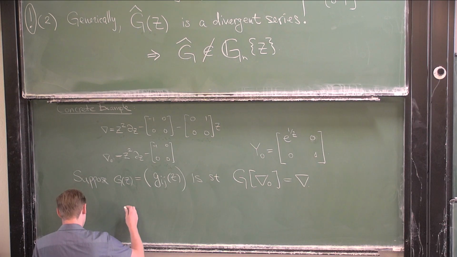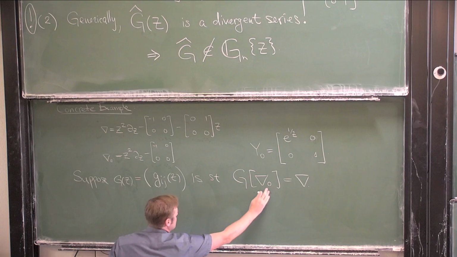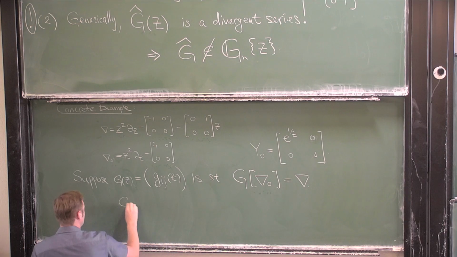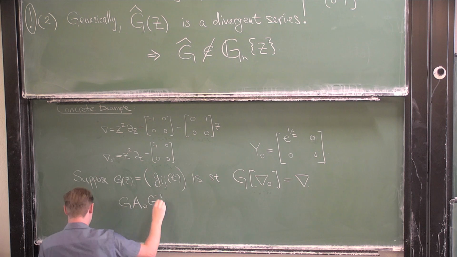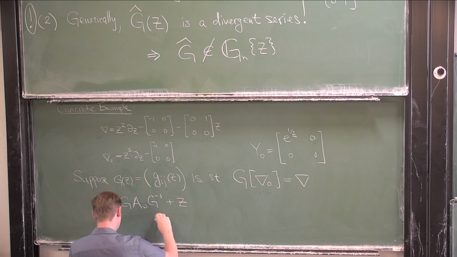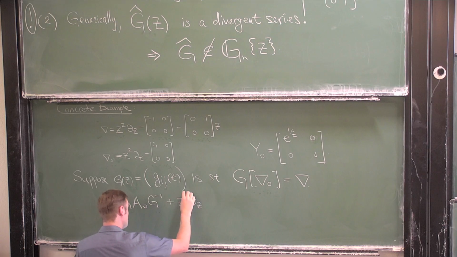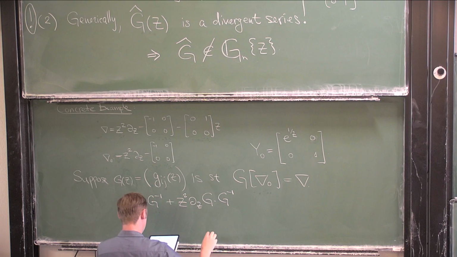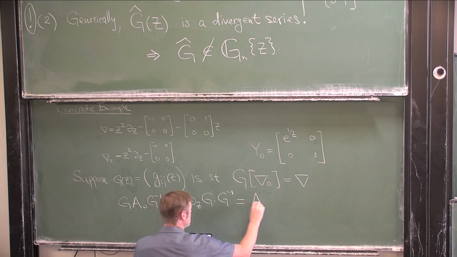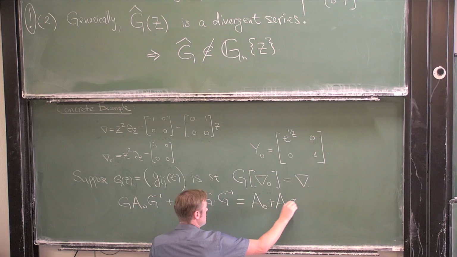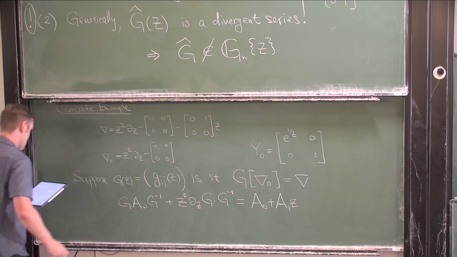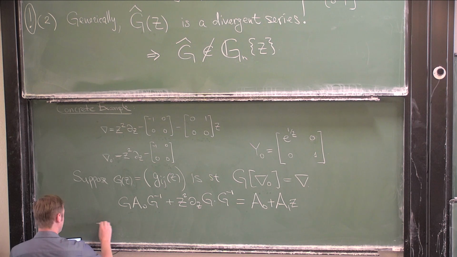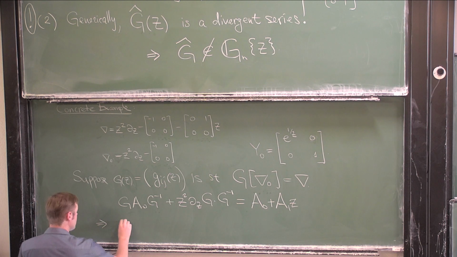So, okay, if we literally just write this identity out, this equation out, we get something like this. So there's the conjugation term, and there's the gauge term. It is equal to A0 plus A1 Z. And so that means that maybe I can write it in this form.